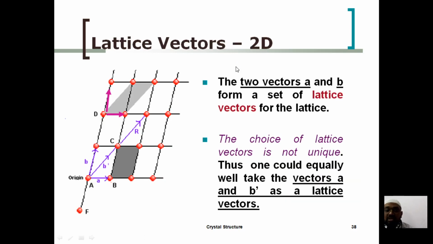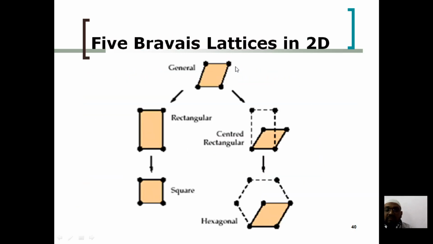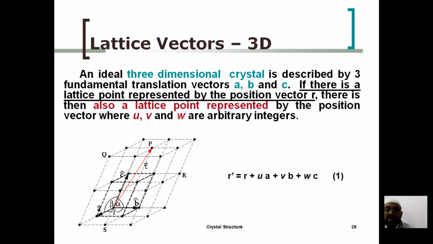Now these are two-dimensional lattice vectors, and when you combine these lattice vectors you will get this particular structure. It has been shown with a schematic diagram of a cube. You can see this cube, and here A, B, C indicate the dimensions in the three directions, X-axis, Y-axis, and Z-axis. Along the X-axis, the distance from the origin is a unit vector A, and the angle formed between the two normals is alpha.